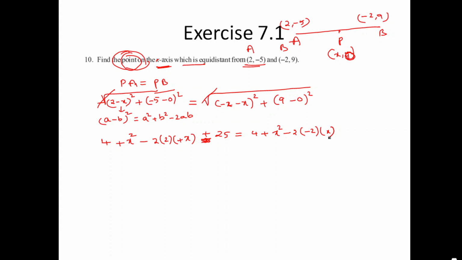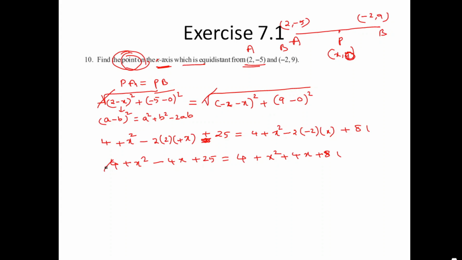Minus 2 of x plus 9 square is how much? 81. So when I'm solving this one out here, I'm getting 4 plus your x square minus 4x plus 25 equated to 4 plus your x square plus 4x plus 81, isn't it?